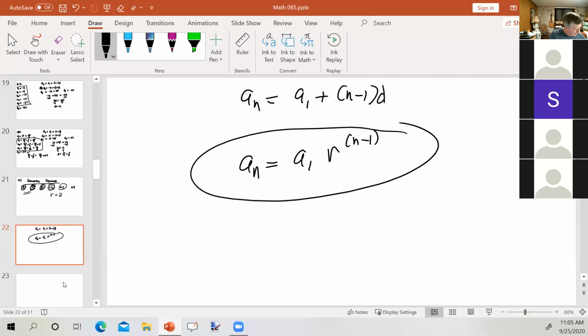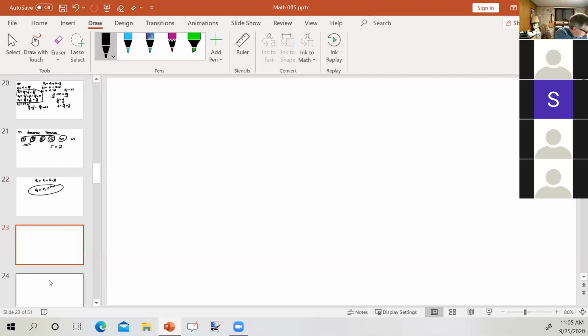And we're going to take a look at some examples now. Okay, the directions here say, find the specified term of the geometric sequence with the following properties.